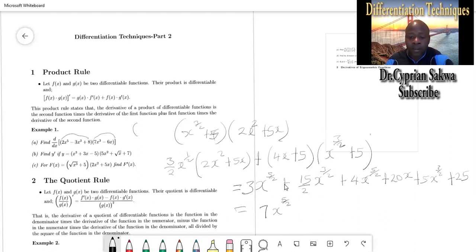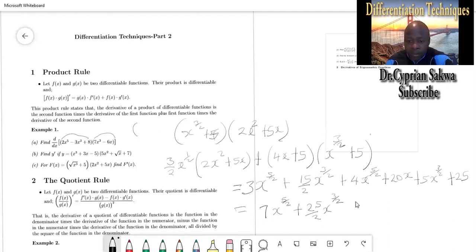Okay, so let's see. What about this? This one has also like term here. This is 15 over 2, and this is 5. That gives me 25 over 2. x raised to 3 over 2. Yes, it's 25 over 2 because this plus this will be 25 over 2.